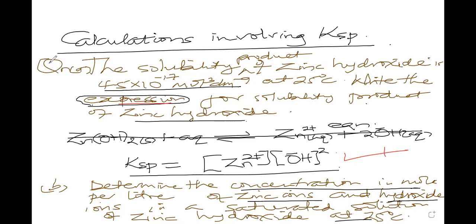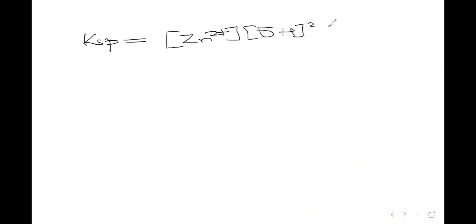How are we supposed to do that? Remember, we have the solubility product expression, Ksp is equal to concentration of zinc ions multiplied by the concentration of the hydroxide ions, but this is squared.